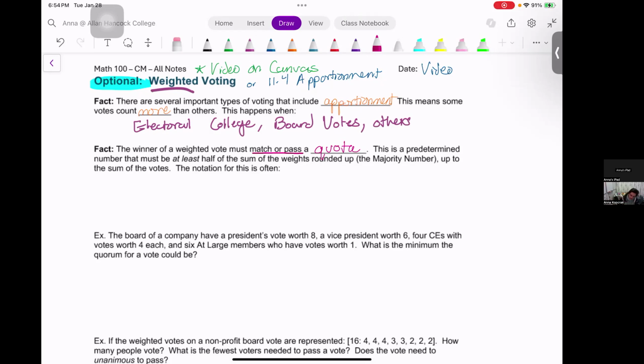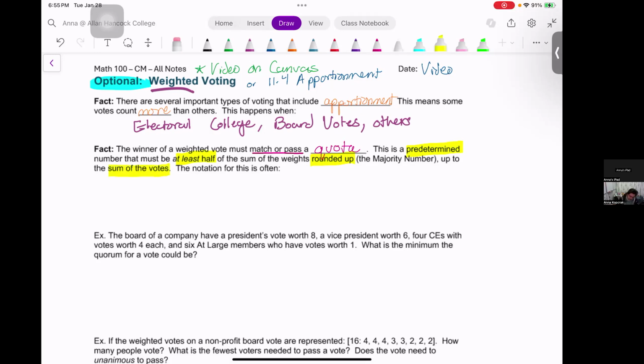Now, this does need to be a predetermined number that must be at least half of the sum rounded up, the same sort of rules that we saw with the majority candidate winner, up to the total sum of all the votes. Okay.